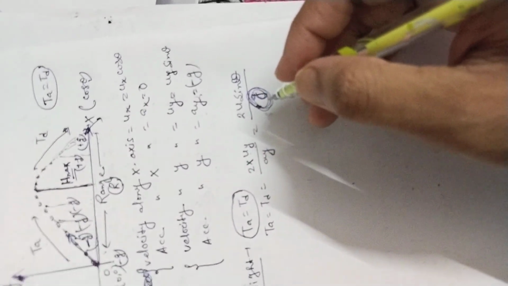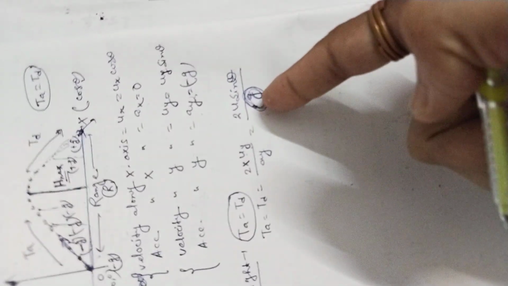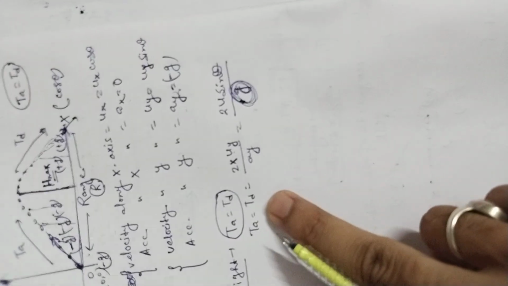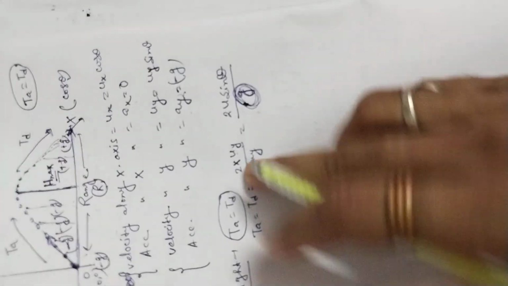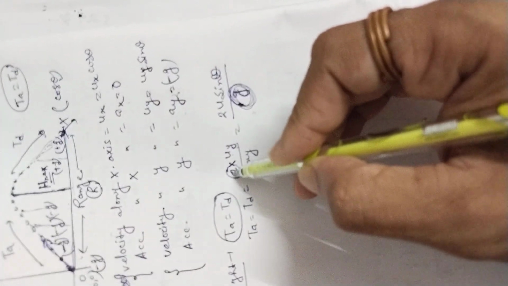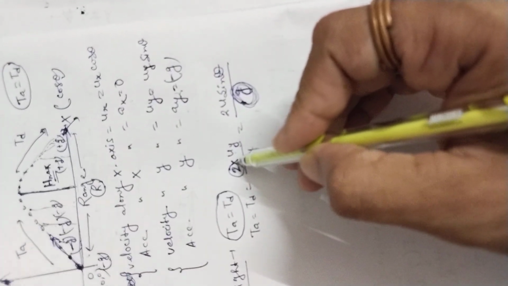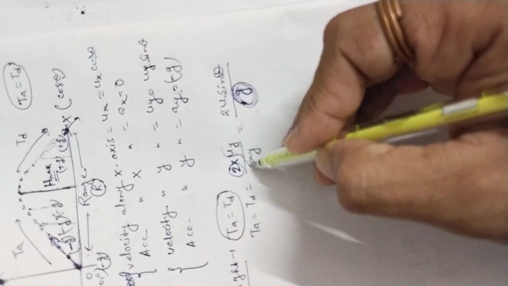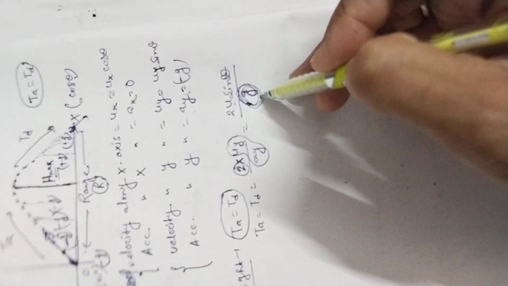Whenever I solve the numerical, then I also write minus of g over here. So, sir, time ascending equals time descending, and it has two parts, so we multiply by two, so 2 into uy by ay. Okay, so 2u sin theta by g.